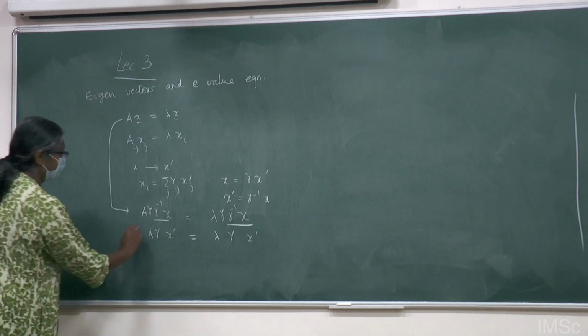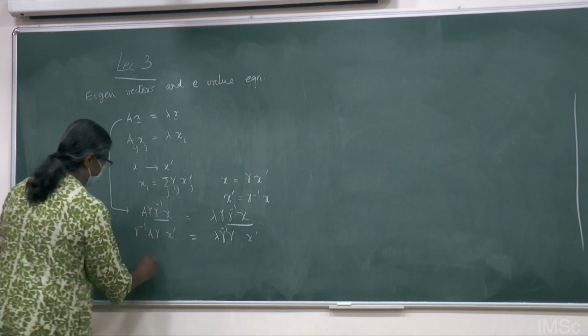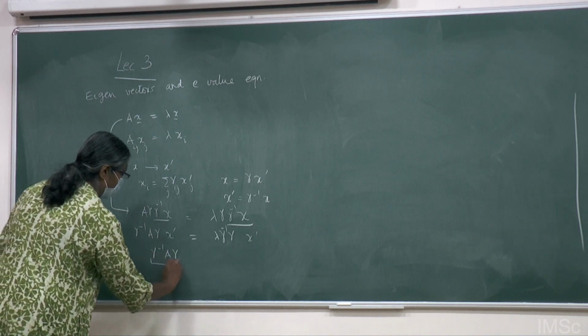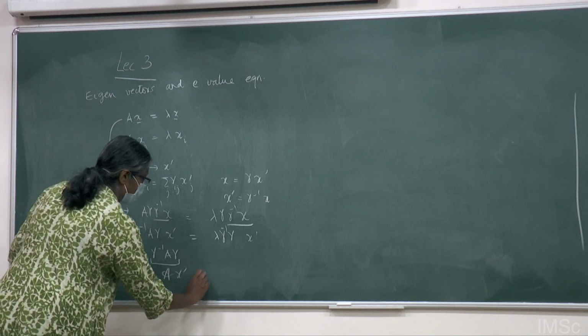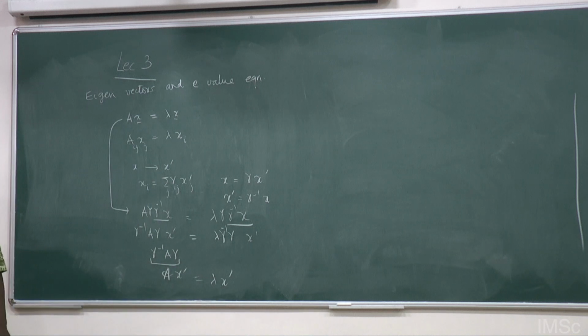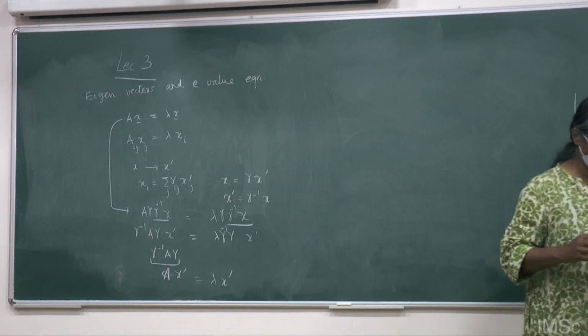Now I will left multiply by gamma inverse. So I will get gamma inverse A gamma, which I will call script A, times x prime, and it's the same lambda, by the way. The eigenvalues have not changed due to this transformation. Okay, this is very important.